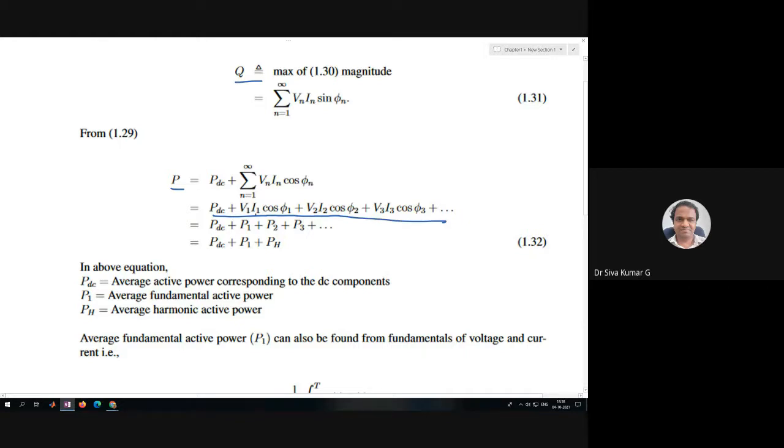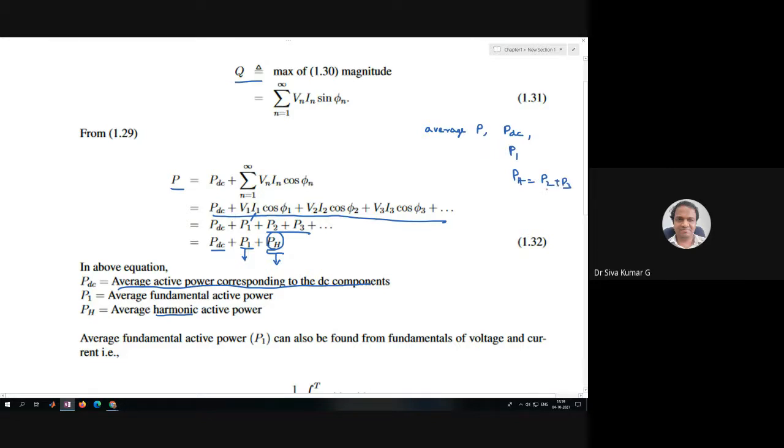This is the fundamental power, and P2 plus P3 represent the harmonic power. The average active power corresponding to the DC component is this, the average active power of the fundamental, and this is the average active power with respect to the harmonics. You can see that the average real power is the combination of the DC average power, the fundamental, and the harmonics, that is P2 plus P3 and so on.